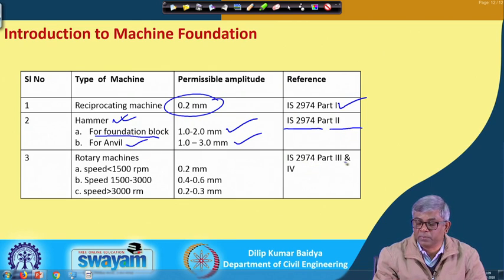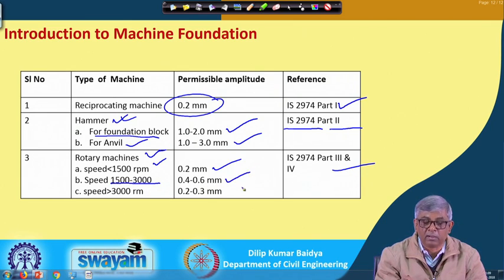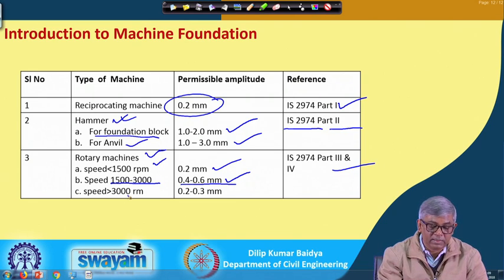Similarly, IS 2974 Parts 3 and 4 are for rotary machines: for speed less than 1500 rpm, it is 0.2 mm. If it is between 1500 and 3000, then this will be 0.4 to 0.6 millimeter, and if it is greater than 3000, then 0.2 to 0.3 millimeter amplitude is permissible.